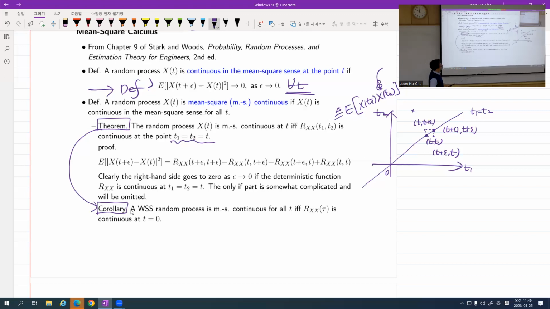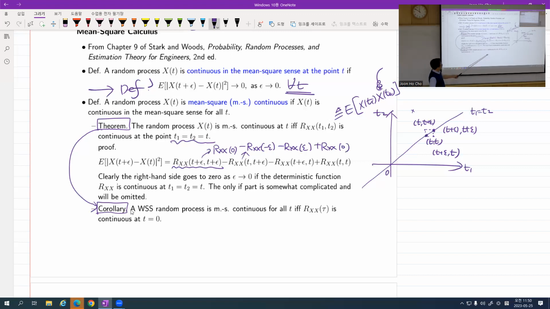And also, we can introduce a new parameter tau, the time difference between t1 and t2. We usually subtract t2 from t1, and we can construct a new function. Then what happens? The new single variable function gives us R_XX(0) when you subtract that, and this becomes R_XX(-epsilon), R_XX(epsilon), R_XX(0).